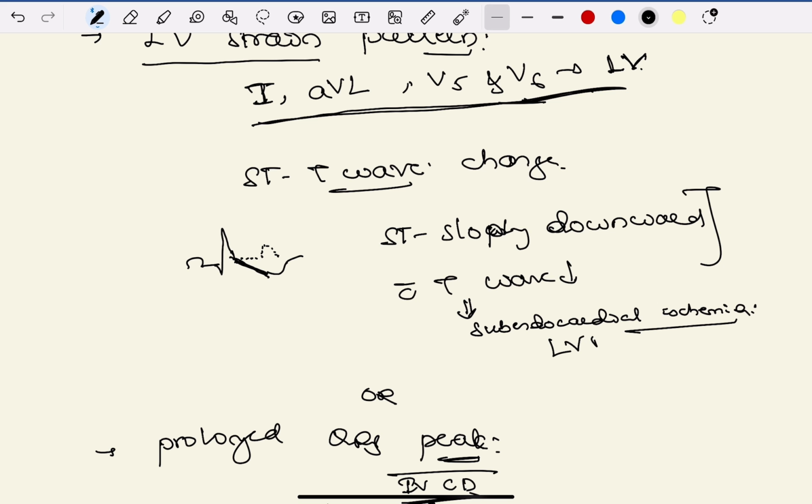Okay, so let's look at this ECG, what it tells. How much is the amplitude of the S wave in this lead V1? 1 box, 2 box, 3 box, 4 box. 4 boxes means 4 into 5, 20. This is 20 mm.